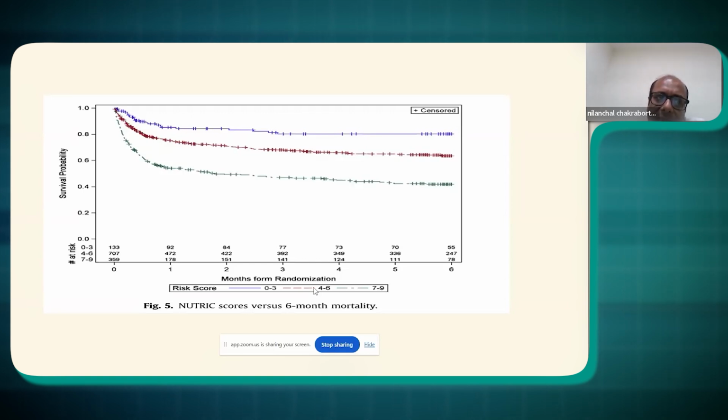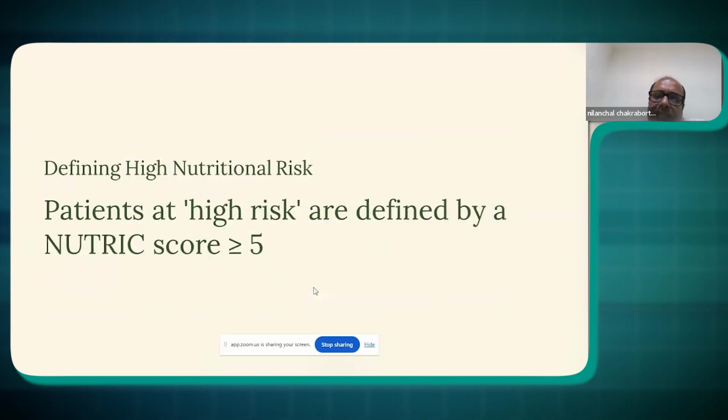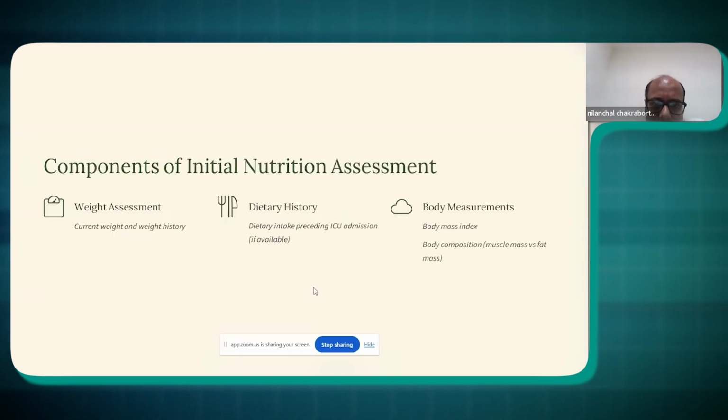If the patient is at high risk by Nutric score, there is a higher chance of mortality. So patients at high risk of nutritional adverse events or nutritional deficiencies have a Nutric score more than 5. It is available in MedCalc, no point in memorizing them, but you just have to mention that with a Nutric score more than 5, they are at high nutritional risk.